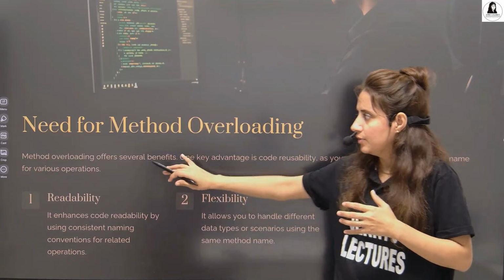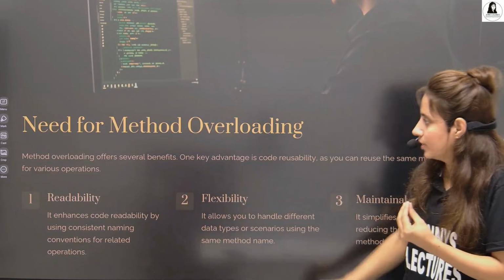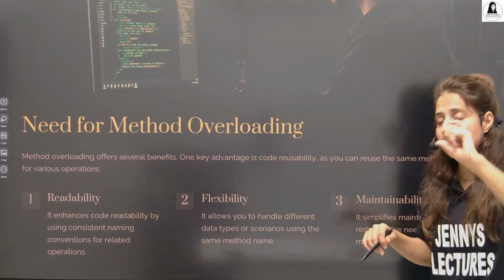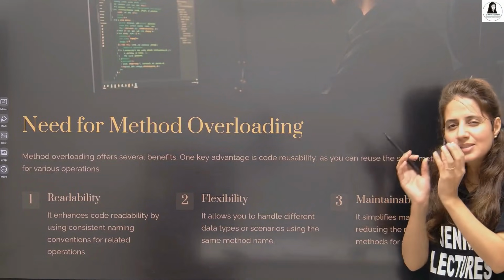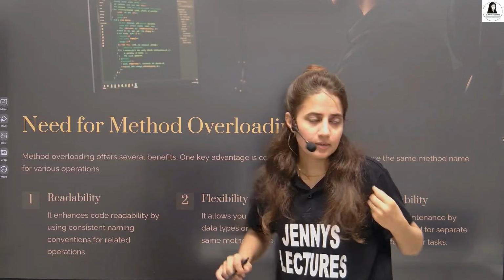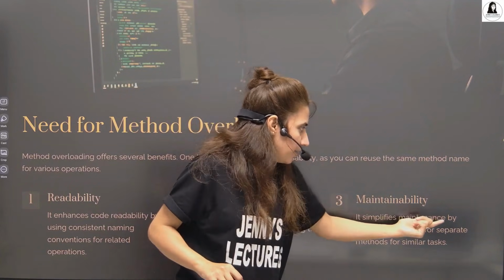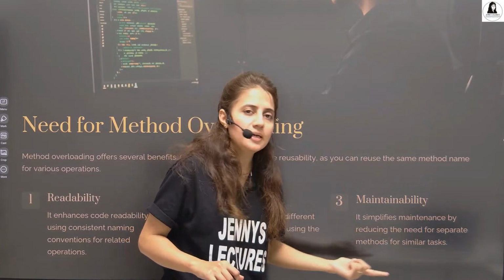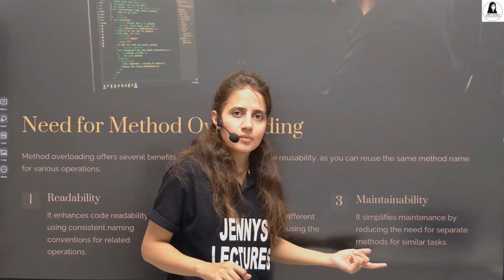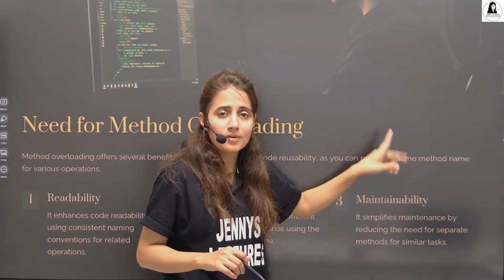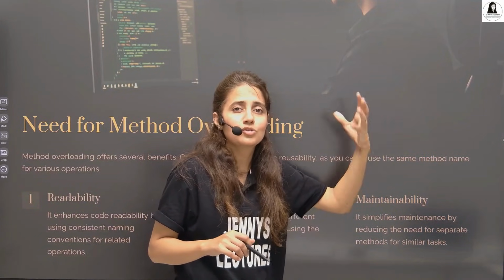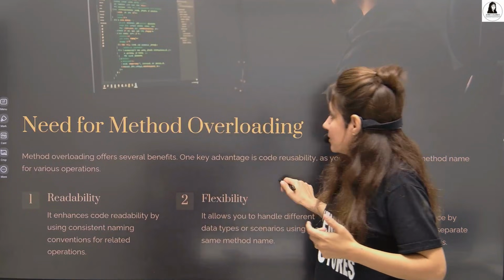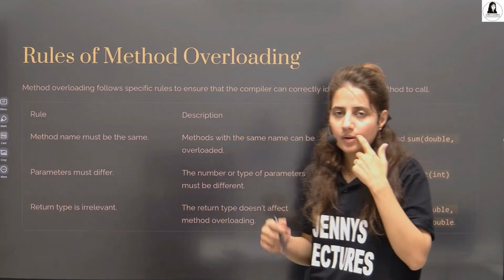What is the need of method overloading? There are so many benefits, like readability, enhancing the code readability; flexibility, it allows you to handle different data types or scenarios using the same method name; and maintainability, it simplifies maintenance by reducing the need for separate methods for similar tasks. The task was similar, print, but rather than having separate names for a similar task, it allows us to take the same name, so your code would be more maintainable.